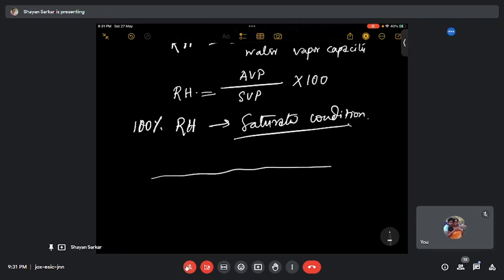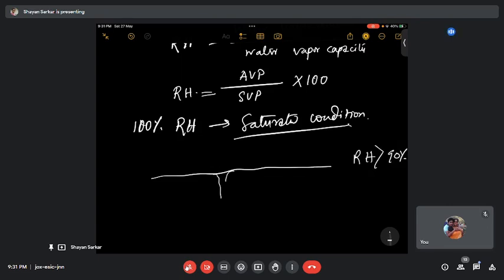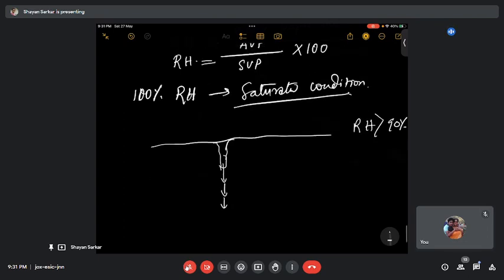Because when your RH is greater than 90%, look, from roof to bottom the water is always moving.